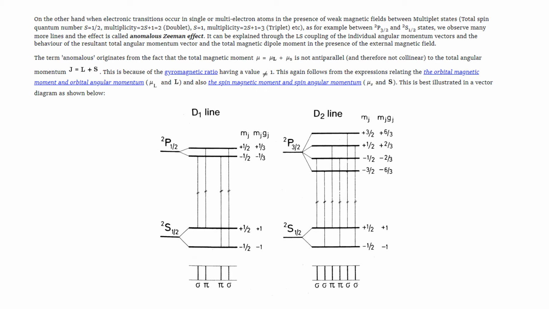The value of the gyromagnetic ratio is not equal to 1. Due to this, we can observe the mu L and L that we have shown in the next slide. But here we have shown the transitions D1 and D2 lines, how transition takes place in such cases.